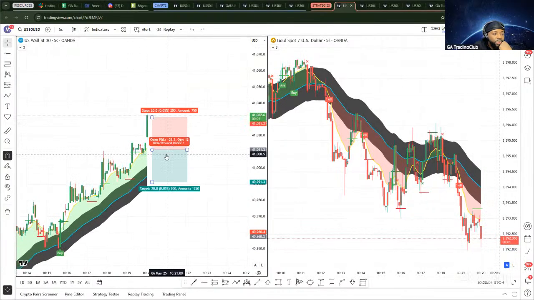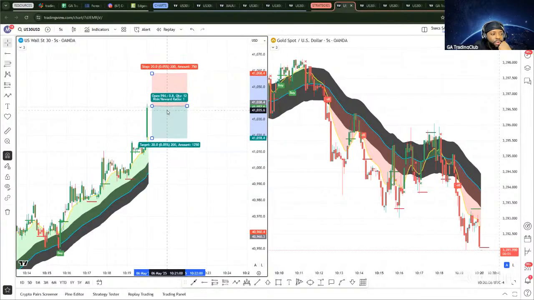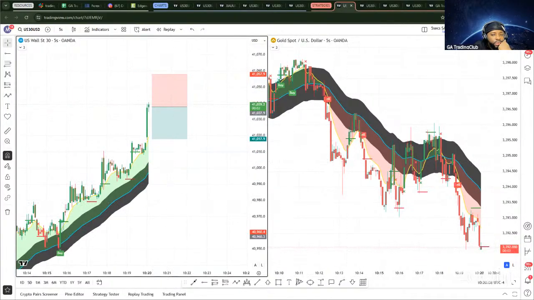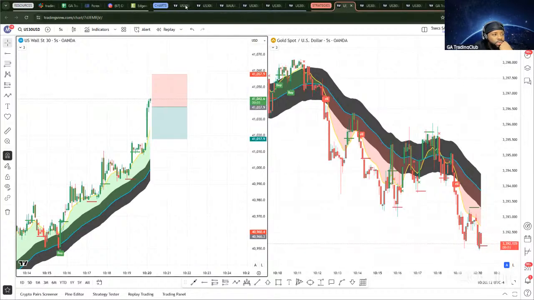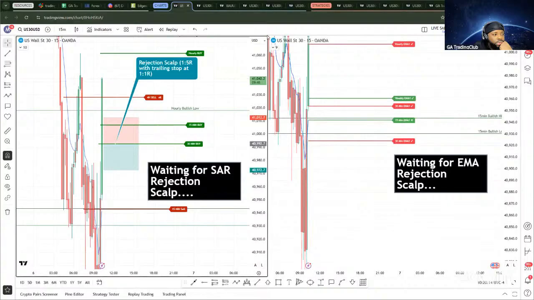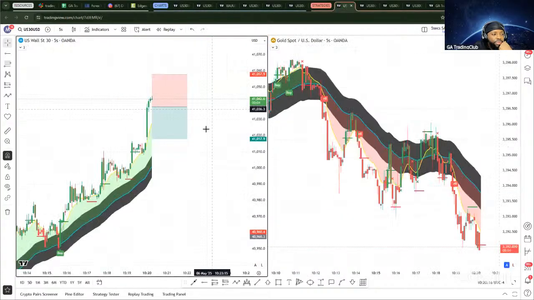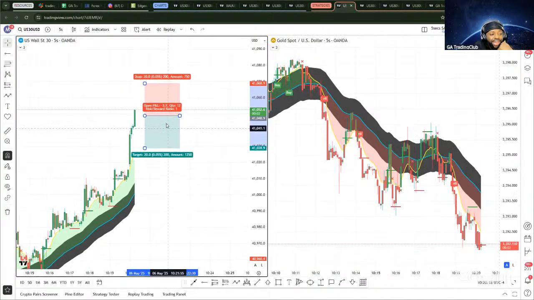So if it wants to keep going up, the better. Yep, so that's fine. So this is still valid because we are looking to enter at the first red X.